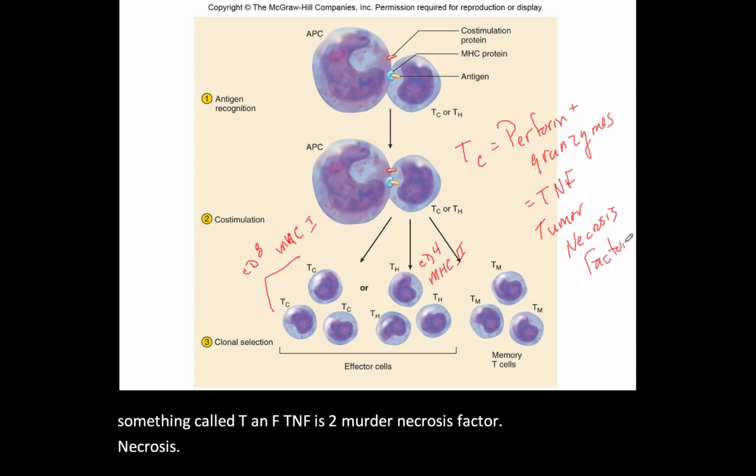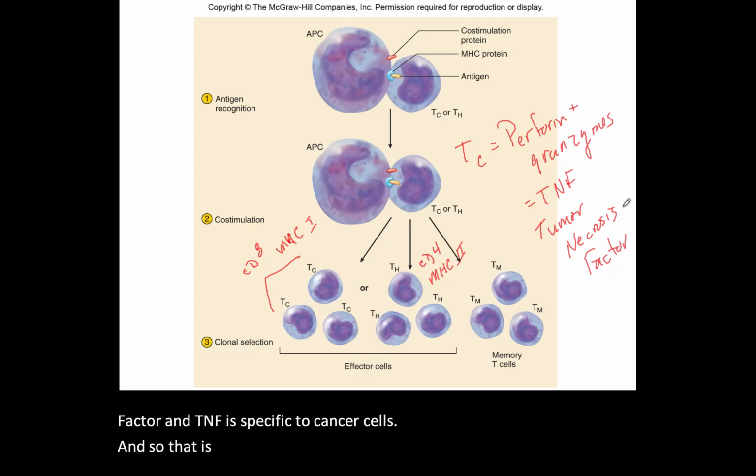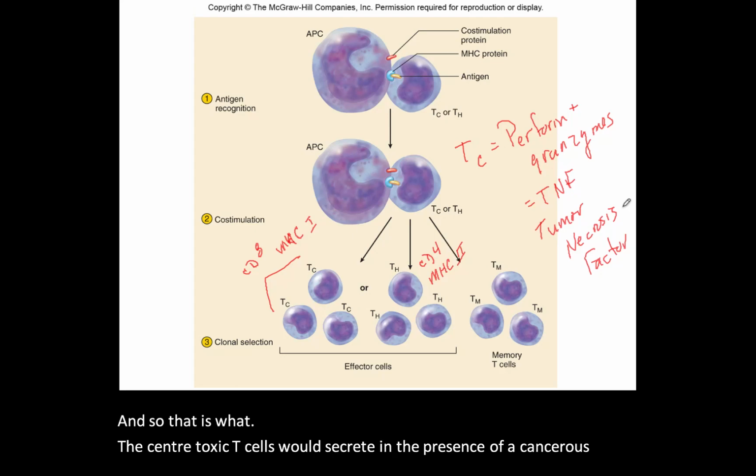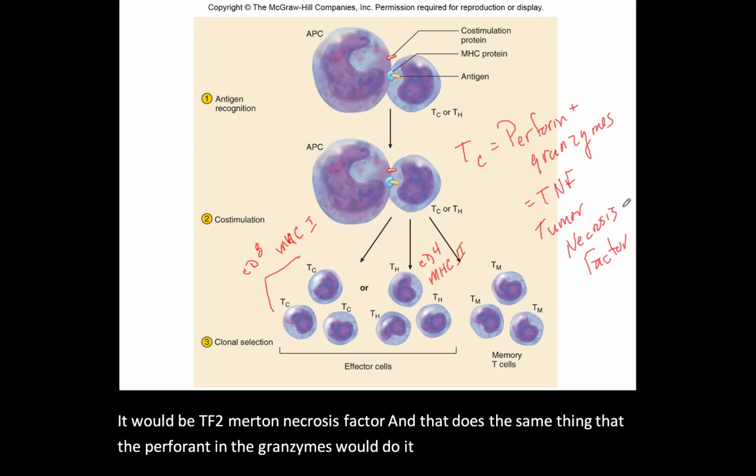And TNF is specific to cancer cells. And so that is what the cytotoxic T cells would secrete in the presence of a cancerous cell. It would be TNF, tumor necrosis factor. And that does the same thing that the perforin and the granzymes would do. It forces that cell into apoptosis.